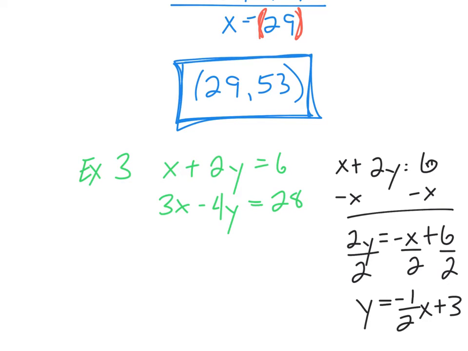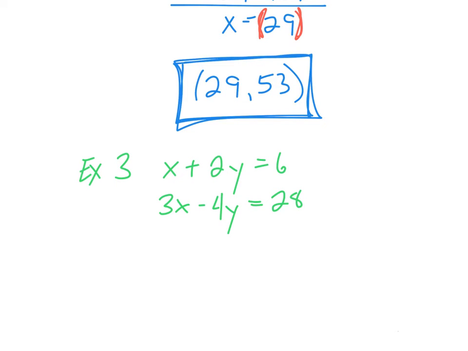What I think most of you are going to have to do when you're working a problem like this is look for the variable that has a specific coefficient. The easiest variable to get by itself will always be the variable that has a coefficient of 1.